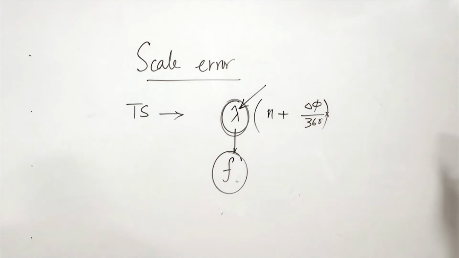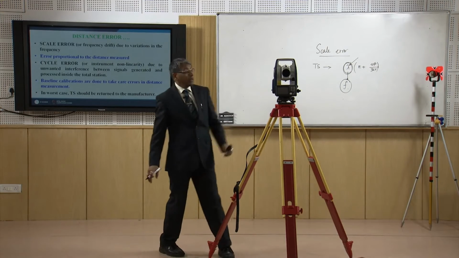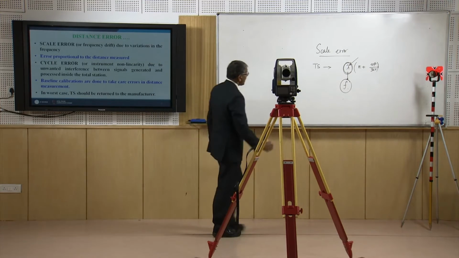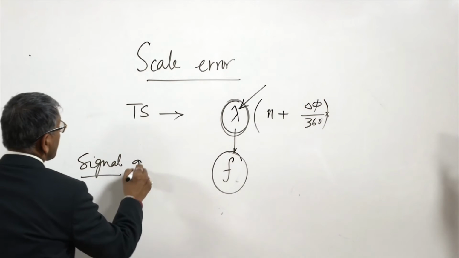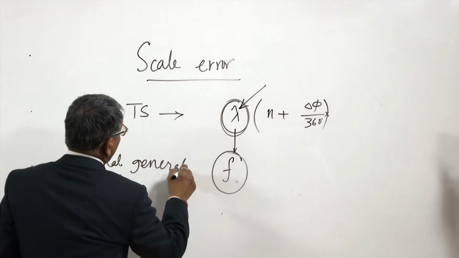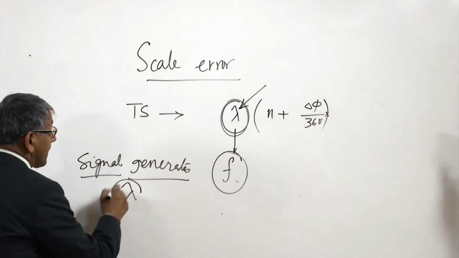Actually in the total station, it itself generates the signal, and this has a particular wavelength.